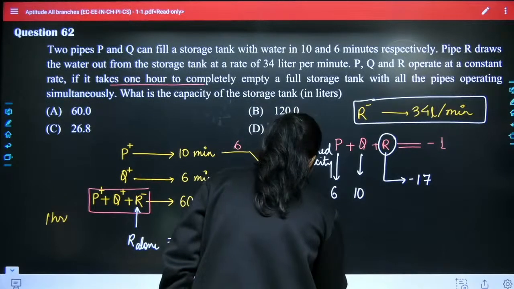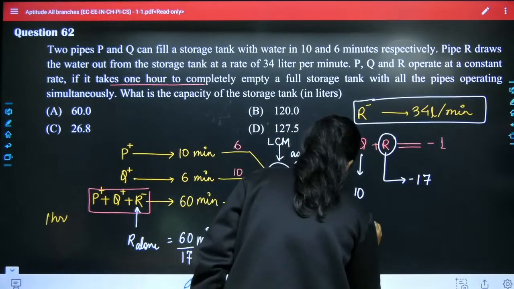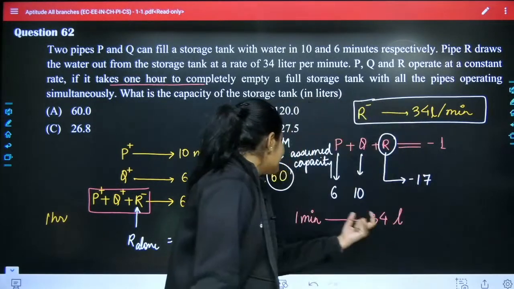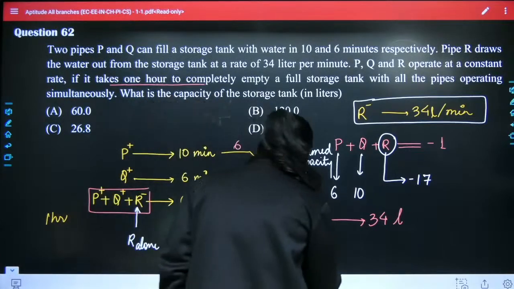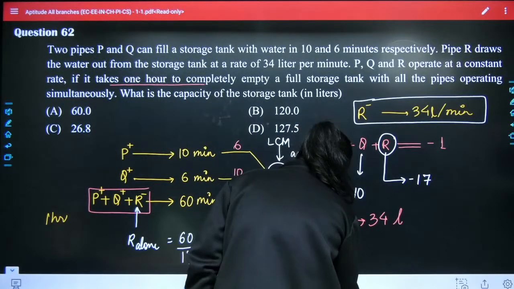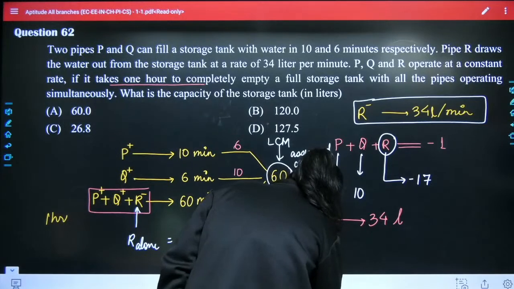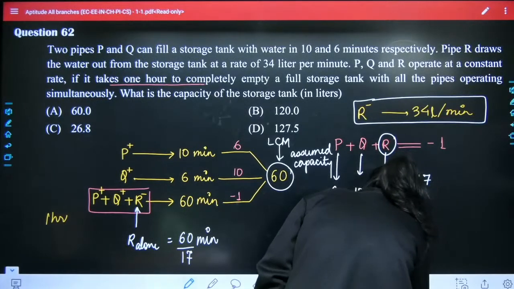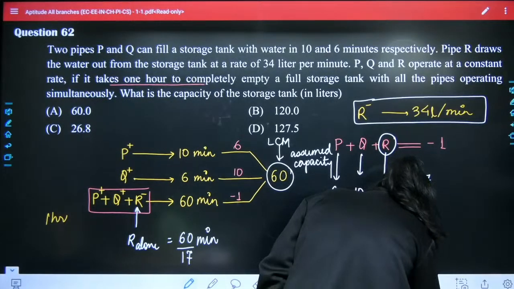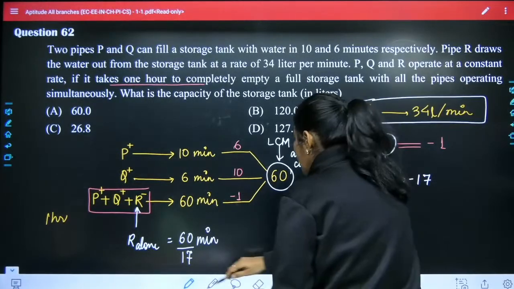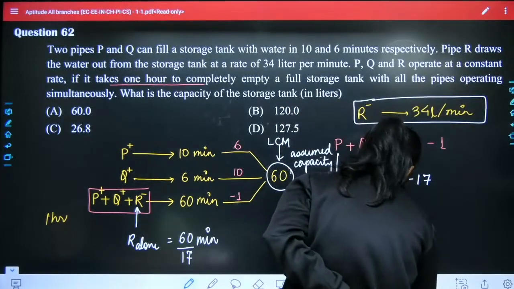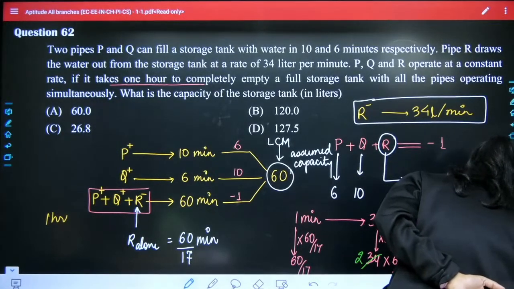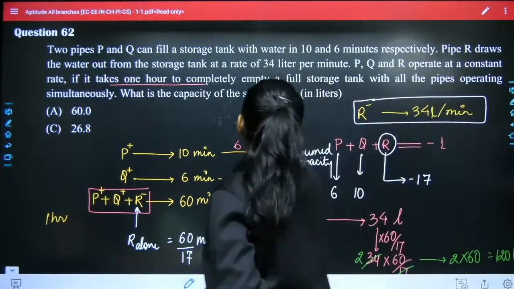If R empties 34 liters in 1 minute, then in 60 by 17 minutes it will empty 120 liters. So 120 liters is the actual capacity.